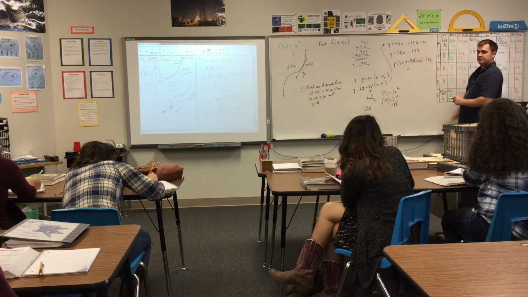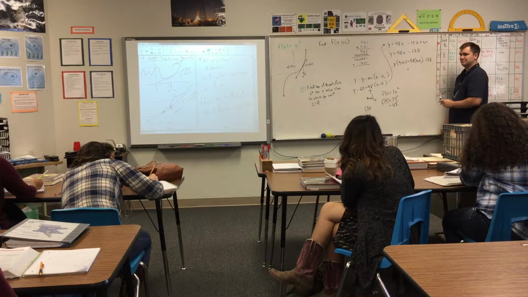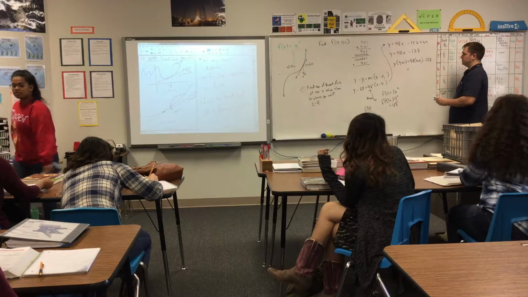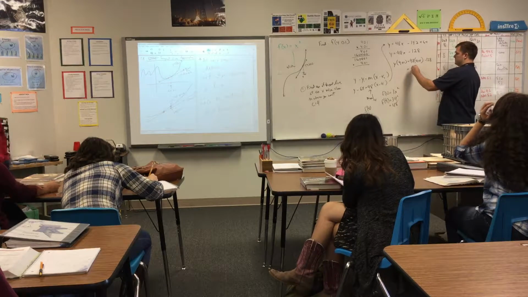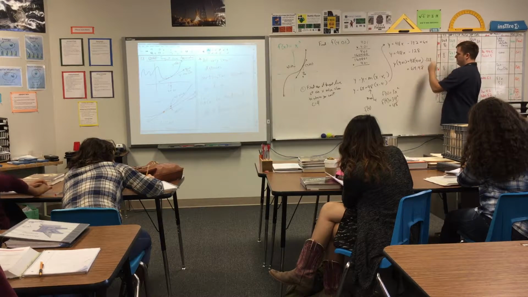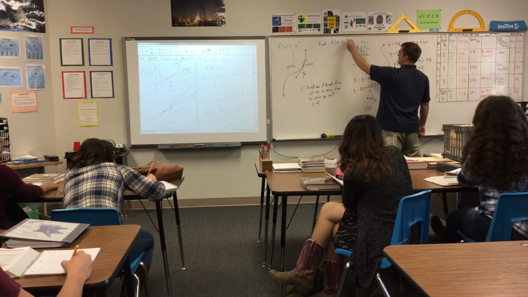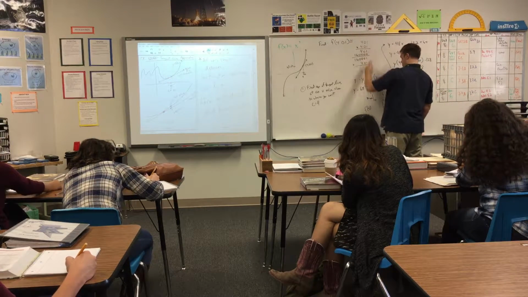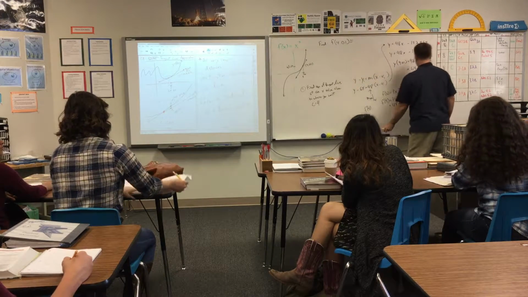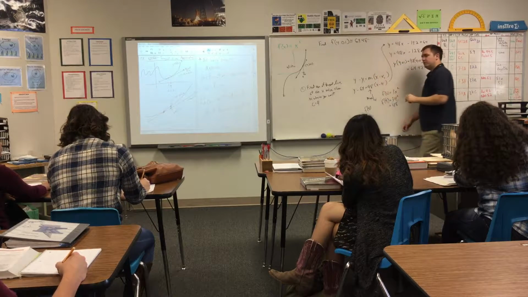You can use a calculator for that. Okay, so we're saying that f of 4.01 is approximately 64.48.